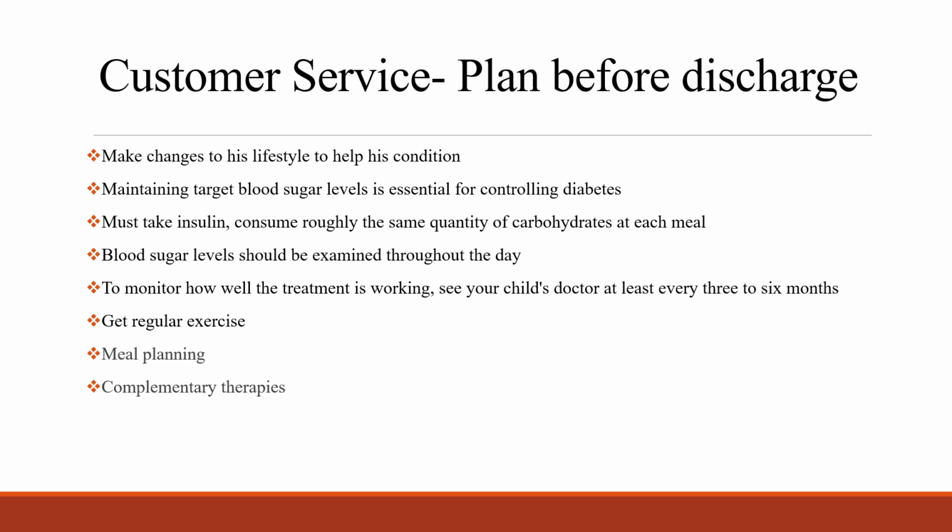Make a habit of the child getting regular exercise. Apart from this, there should be meal planning for the kid so that people with diabetes may use low glycemic index food or other meal plans to avoid having high blood sugar levels after meals.